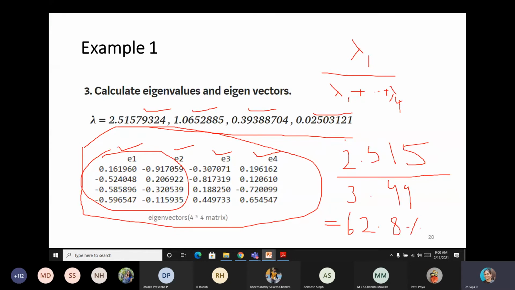Suppose I take the last one: 0.025 divided by 4 into 100 gives only 0.625 percent. It is less than 1%. So I don't require the last eigenvalue and its eigenvector.